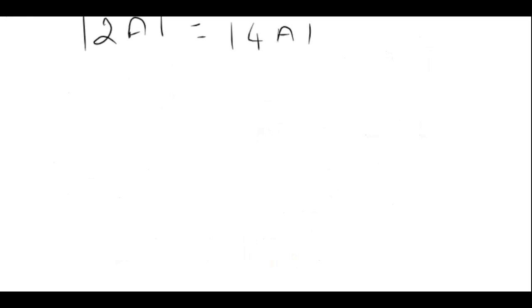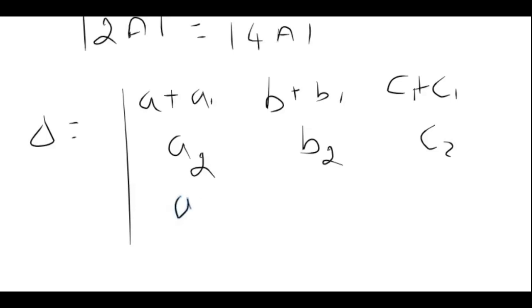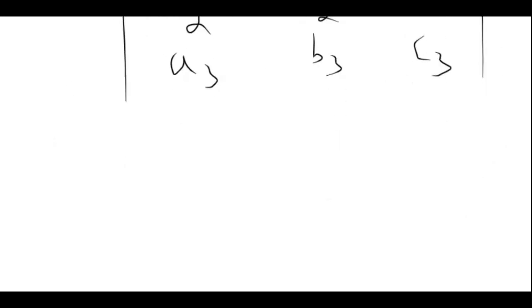Hence it is fine. So by property 5, let the determinant be given as a plus a1, b plus b1 and c plus c1, and let this be a2, b2, c2 and a3, b3, c3. So by the property, I can now split it into two determinants.